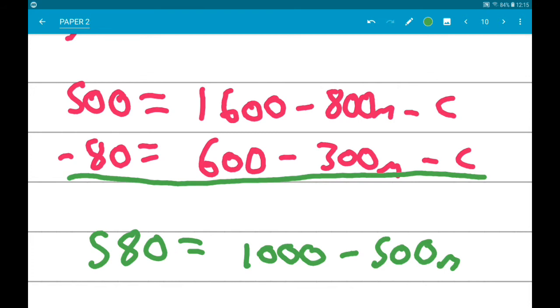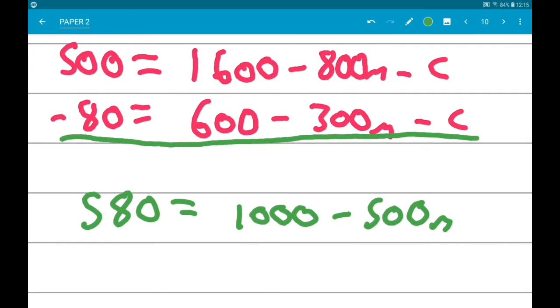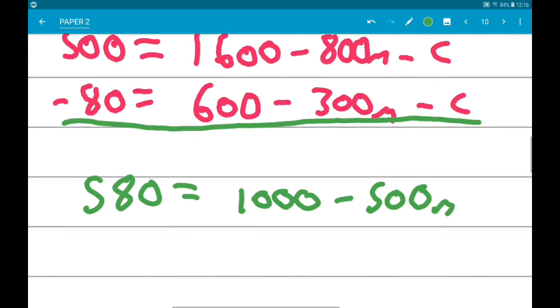So, add 500m and subtract 580. And then 500m is 420.